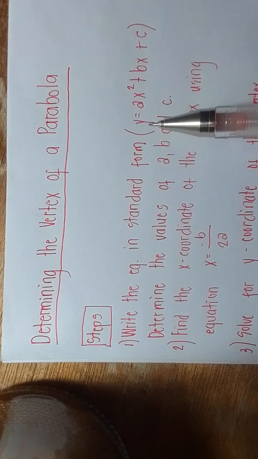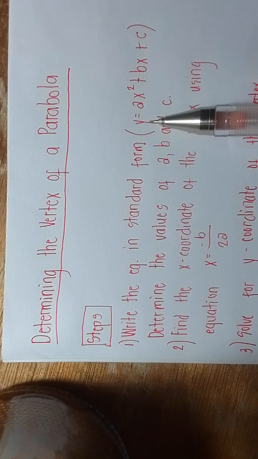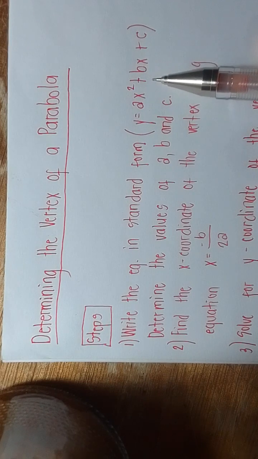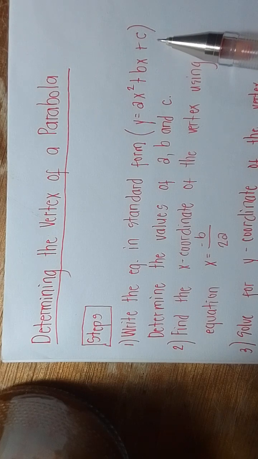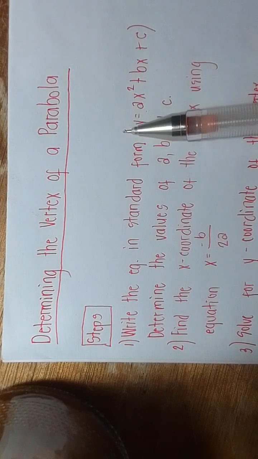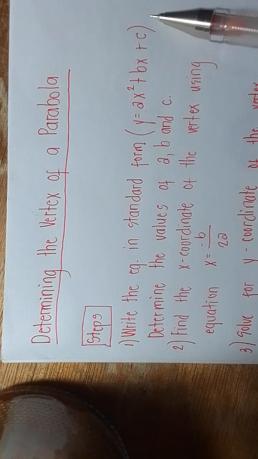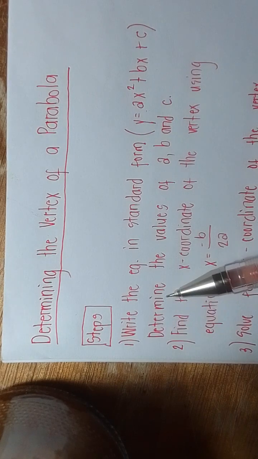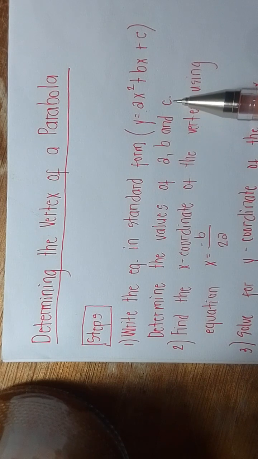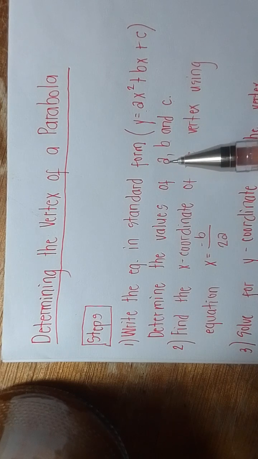And the standard form, remember, we have y is equal to ax squared plus bx plus c. Because from this standard form of the quadratic equation, we can determine the values of a, b, and c. Remember to determine the values of a.